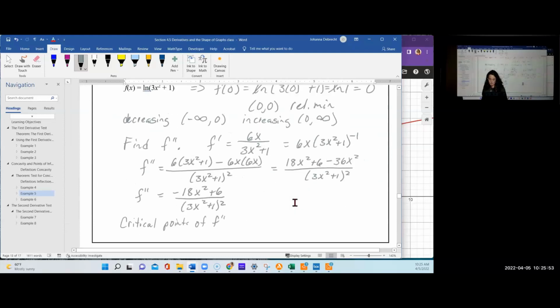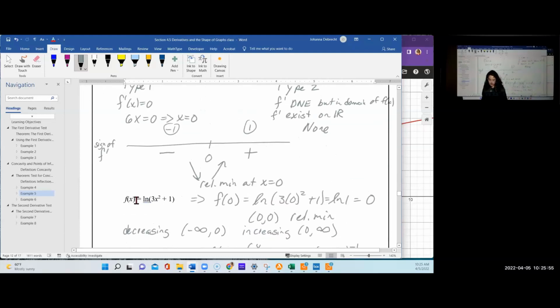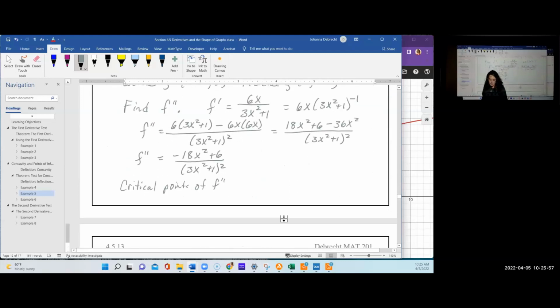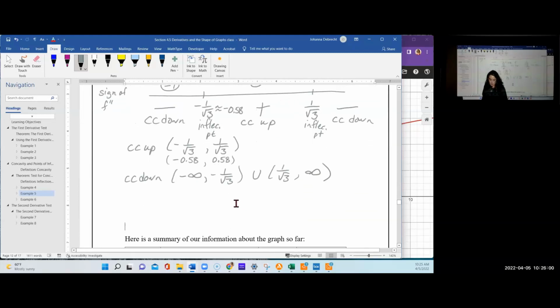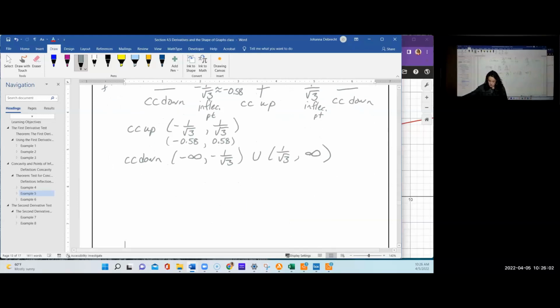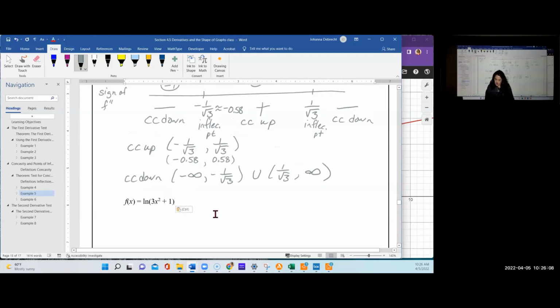Inflection points are on the original graph. So we want to come back up here to this original function, and we want to evaluate the y value at the inflection points. So we'll put the original function back in here, and we'll find the y value at the inflection points.